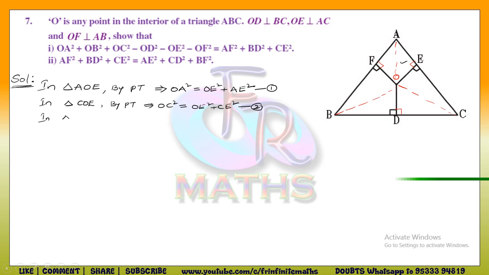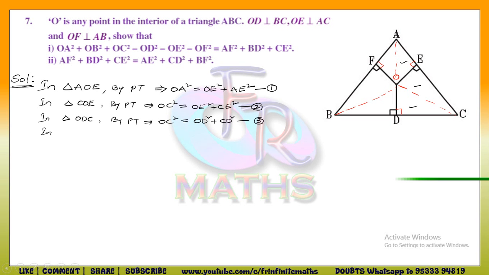Moving on to the next triangle, ODC. By Pythagoras theorem, again OC square is equal to OD square plus CD square. Let this be equation number 3.